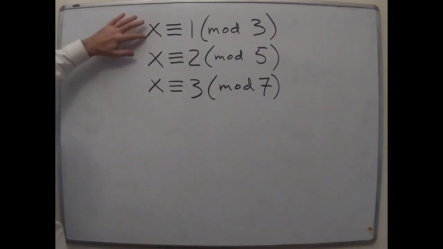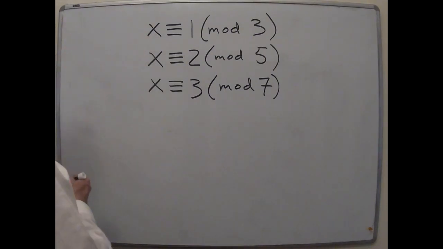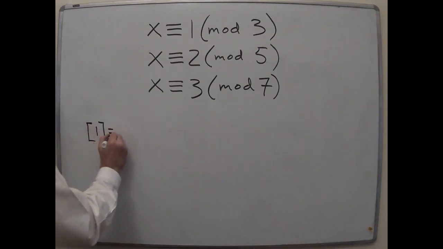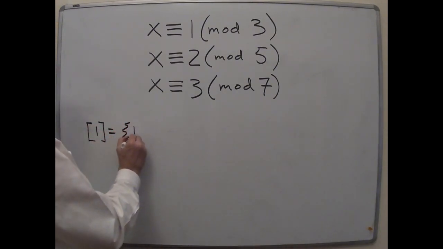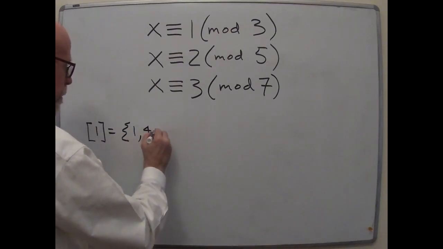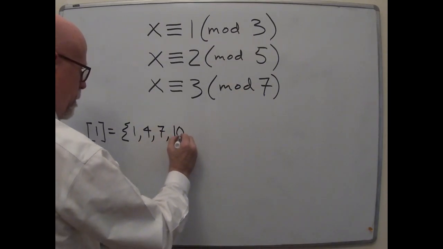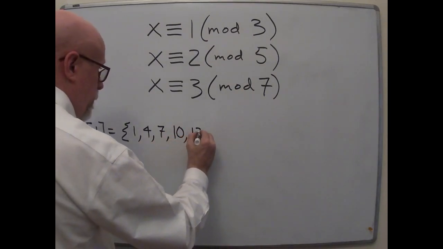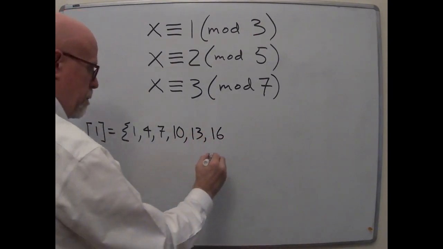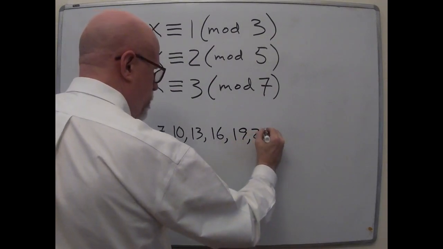Let's say it in terms of congruence classes. If x is congruent to 1 mod 3, it's in the congruence class of 1. And that looks like, well, it's 1 and 4. I just keep bumping up by 3, right? So you should be able to think of all of these. 10, 13, 16, 19, 22.